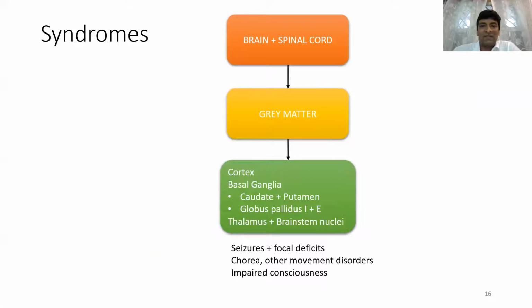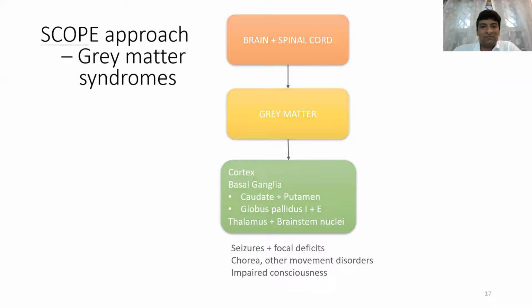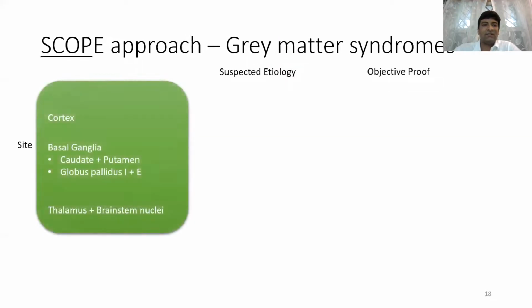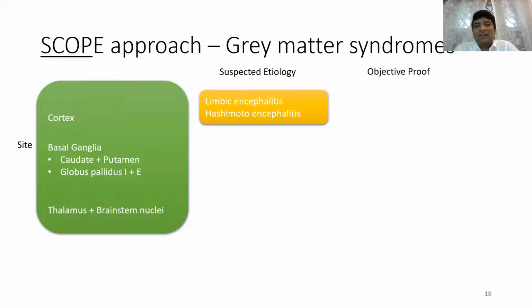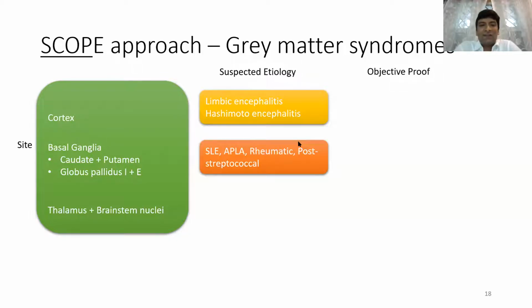So having dealt with white matter, let's take a quick look at gray matter syndromes. Gray matter syndromes typically, for example, would be limbic encephalitis and Hashimoto's encephalitis, which is also called steroid responsive encephalopathy with antibodies to thyroid. Chorea of inflammatory origin can happen in a variety of autoimmune syndromes.